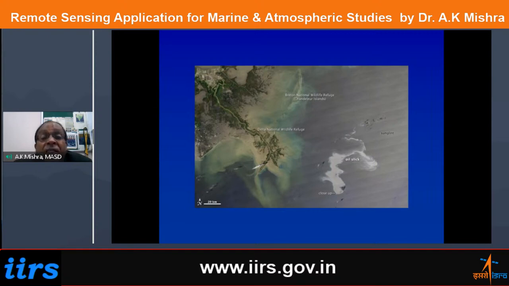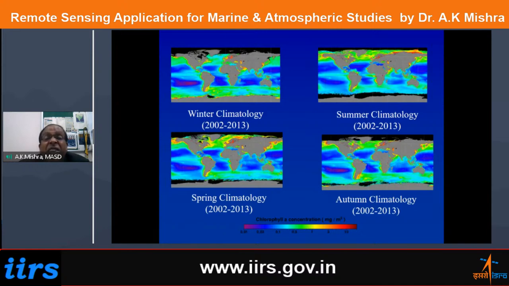And this is an oil slick detected by the MODIS data. And these four global images show the winter climatology, that is phytoplankton concentration around the globe, and summer climatology, spring climatology, and autumn climatology.